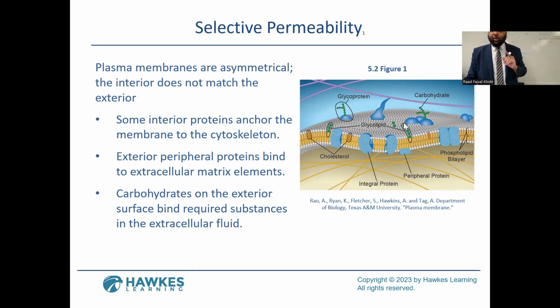No. Where do you see carbohydrate? Always on the outer leaflet, on the extracellular side. So they bind proteins on the extracellular side. They bind lipids also. So these are known as glycolipid, a hybrid. Sugar with a lipid, glycolipid. And here is glycoprotein, glycolipid and glycoprotein.